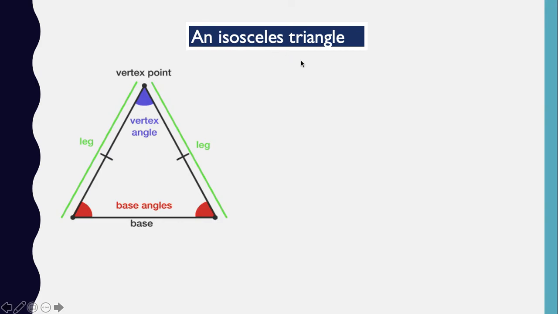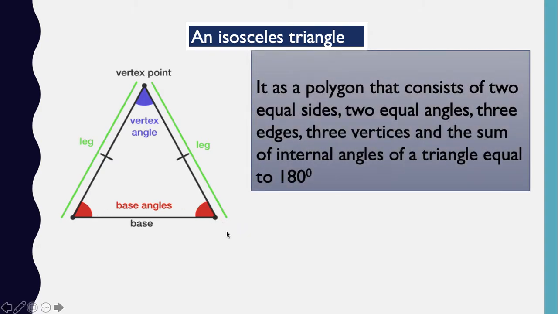Now I have given an isosceles triangle. See, this is an isosceles triangle. The feature of the isosceles triangle is that two sides are equal and the base angles are also equal. So this is a vertex point. The two equal sides are marked, and the equal angles are also marked for you. Now you know what an isosceles triangle is.